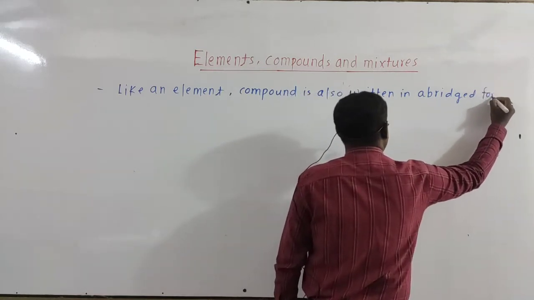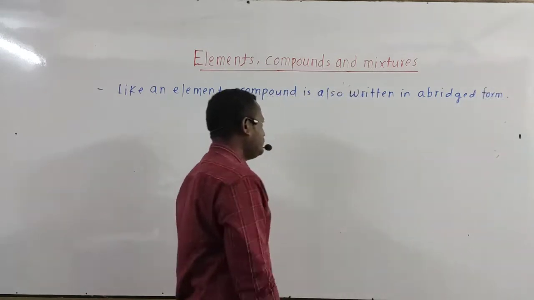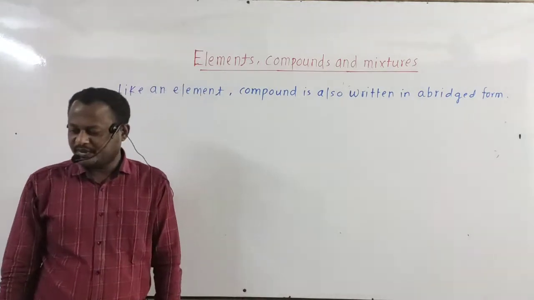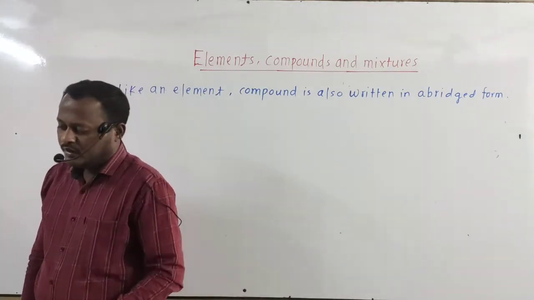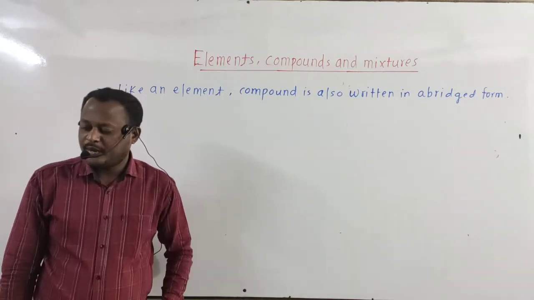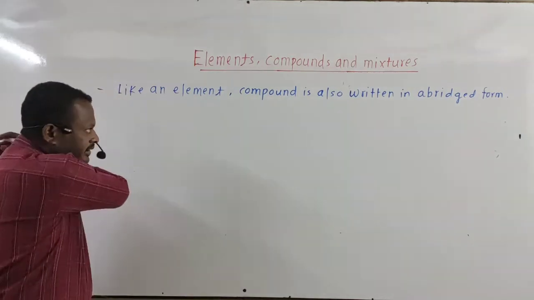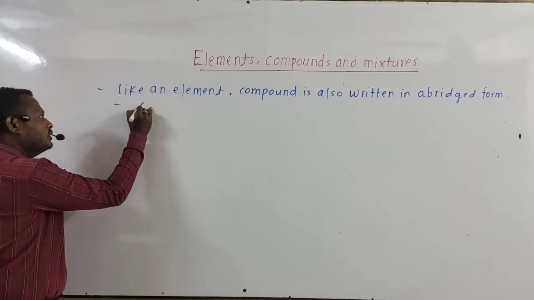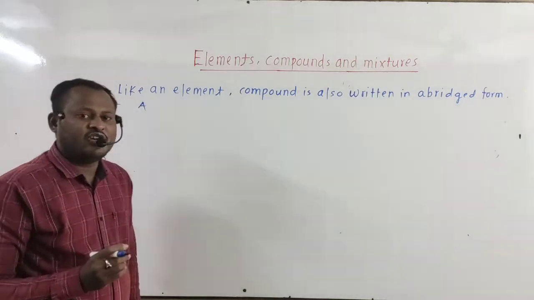Let us see how we represent a compound. A molecule of a compound is formed, as we know that a molecule is the smallest particle of the compound.